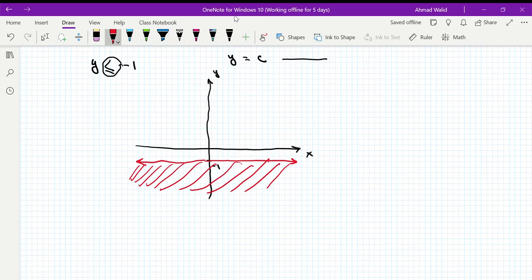System means more than one. If they give you more than one linear inequality at the same time, how to graph them and where is the solution. Correct? I'll stop it here and see you all in part 2 of this video.